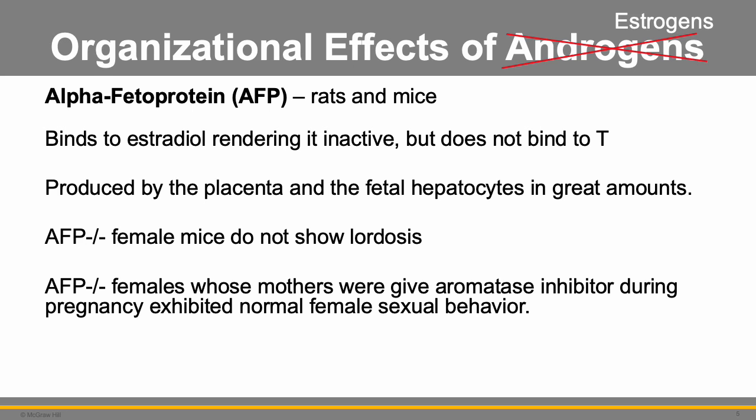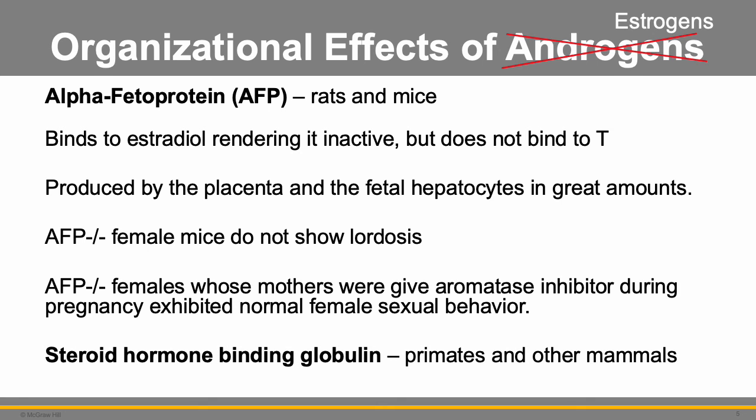And as a result, they don't experience what would be termed masculinization. They develop what would be considered a typical female neural architecture, and as a result, experience the typical female sexual behavior, specifically lordosis.